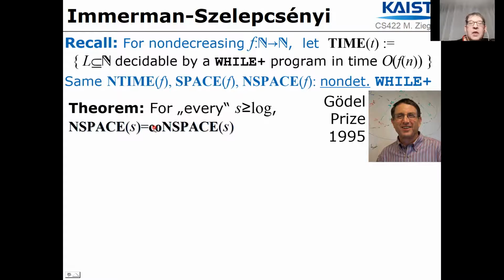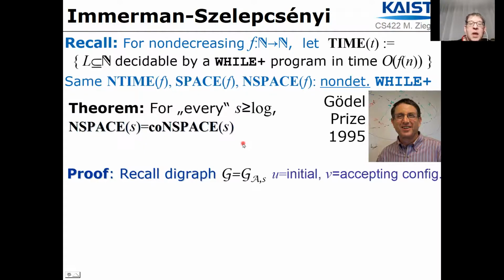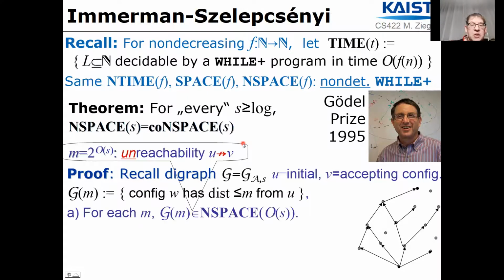And for the reachability problem of this graph, which has exponential size and therefore again cannot be stored, the reachability problem is easy to solve in linear memory by repeatedly guessing vertices along the path, but discarding all the vertices previously visited on the path, because the path in general may have exponential length.